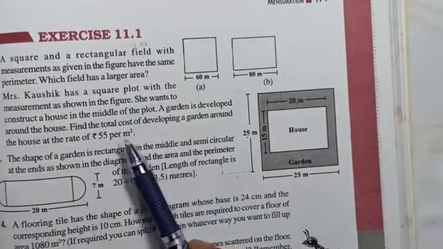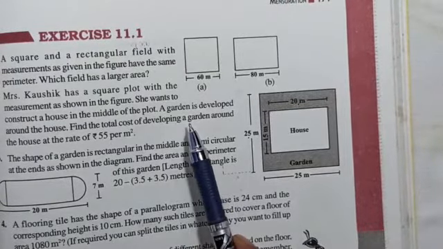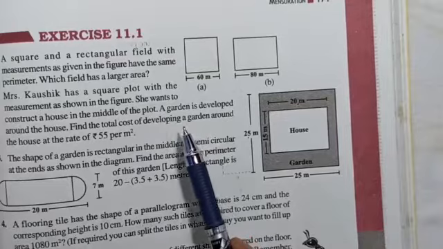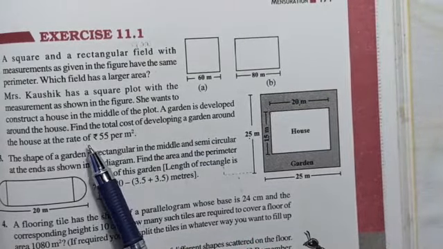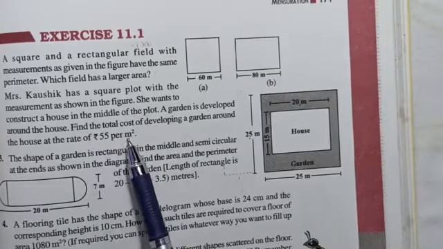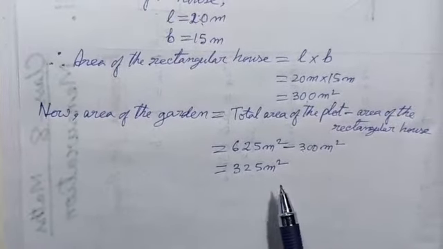Here the question says to find out the total cost of developing the garden, and the rate of developing the garden is rupees 55 per meter square. So this is the area of the garden.